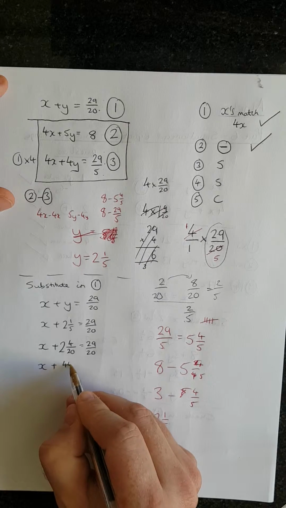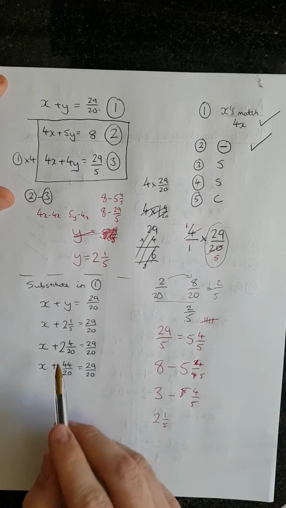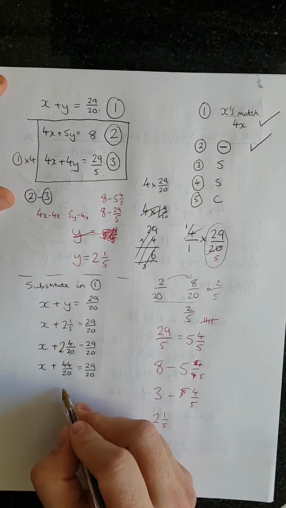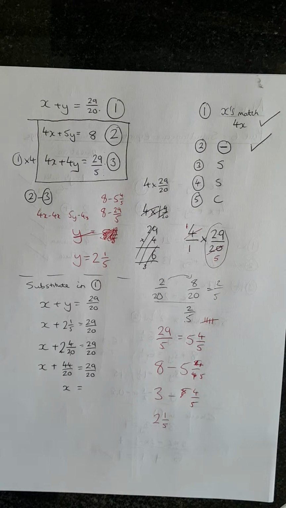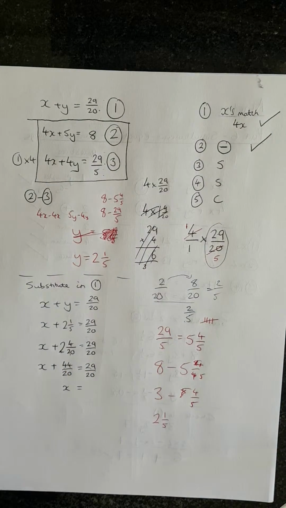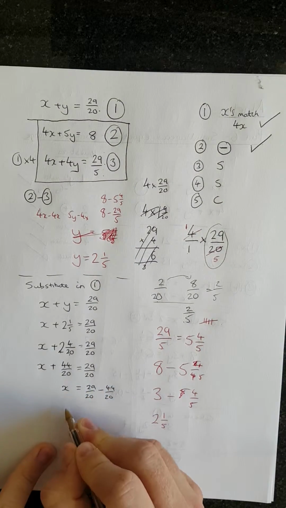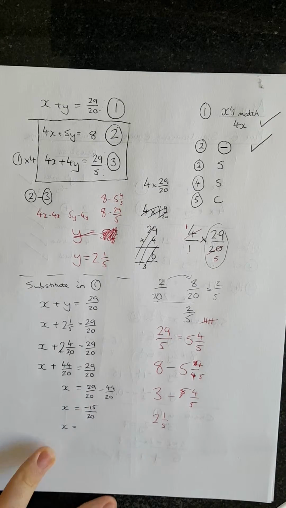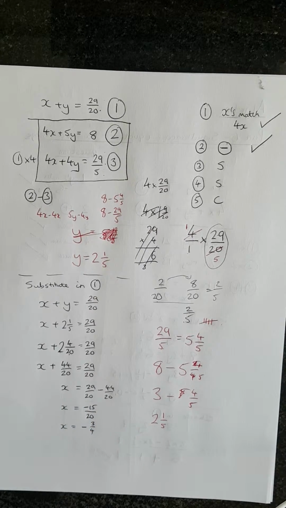So that's 44 over 20. Each whole one is 20 bits, so that's 20, 40, 44. So x is, right, 29 take away 44. So it's minus 15 over 20. Well, that's minus 3/4.